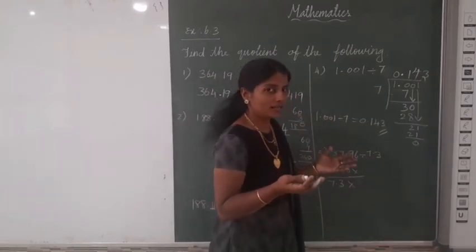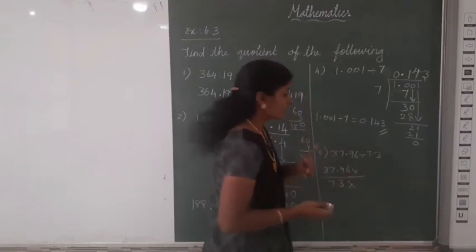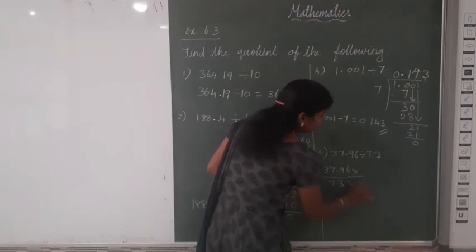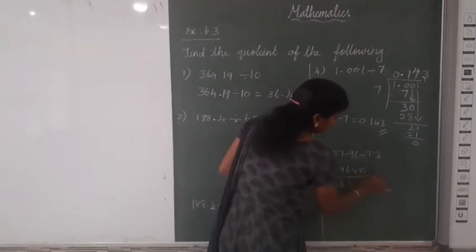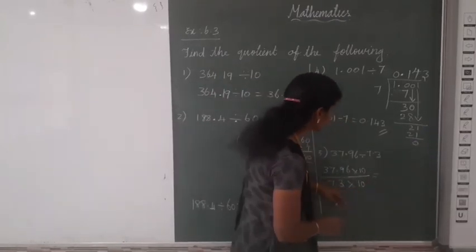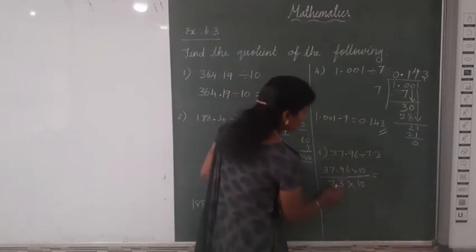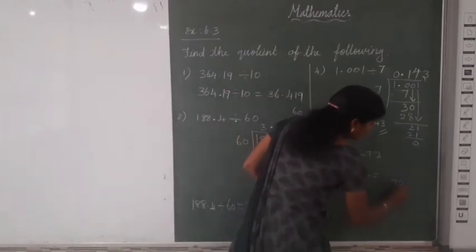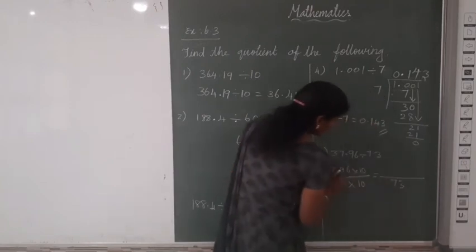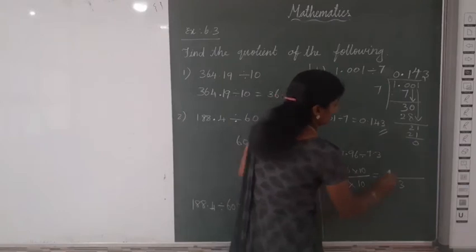Multiplying the divisor by 10 means the numerator is also multiplied by 10. Multiplying by 10 means moving the decimal point one place to the right. So 73 here, and here the point will come after 9. So 379.6.